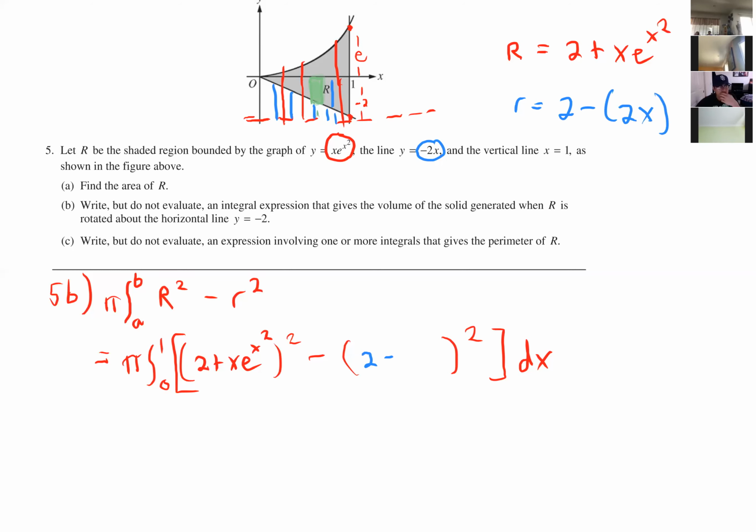So any one of these blue lines could be expressed as 2 minus 2 times whatever the x-coordinate is that it would touch, or the x-coordinate of every single point on the segment. If you did 2 minus 2x, that's going to represent the length of the small radius. So all of this will be your answer.